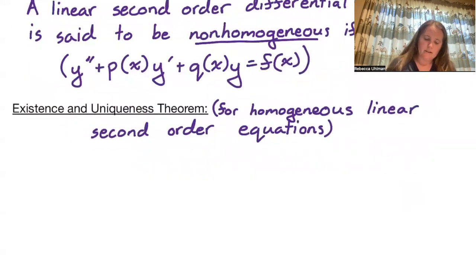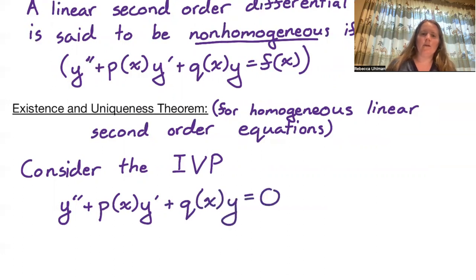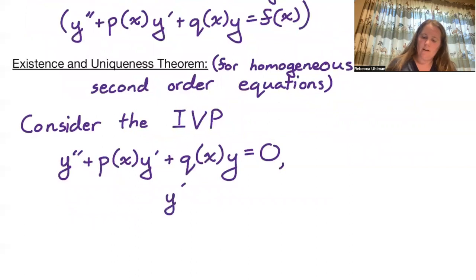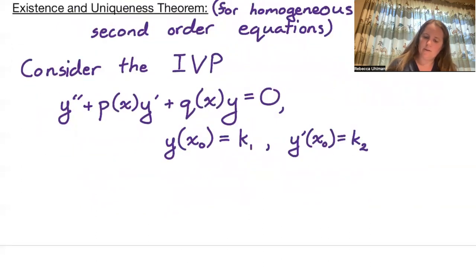So let's go ahead and consider the IVP given by y double prime plus p of x times y prime plus q of x times y is equal to 0, with initial conditions y of x naught equal to some constant k1 (your textbook uses k1 and k2), and y prime of x naught equal to some k2, where k1 and k2 are both real numbers.